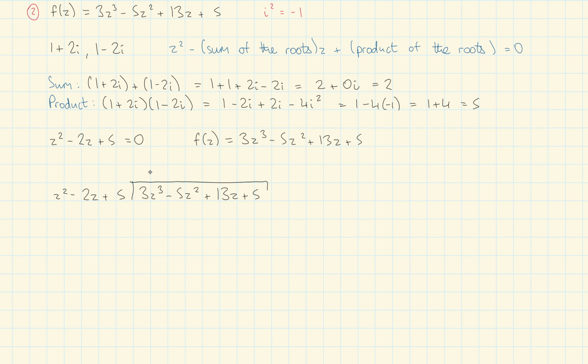z squared into 3z cubed is 3z, multiply out, we get 3z cubed minus 6z squared plus 15z. Draw the line, change your sign, cancel there. So minus 5z squared plus 6z squared will give me z squared minus 2z, and pull down the 5.